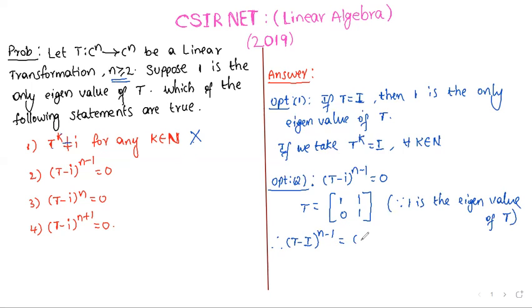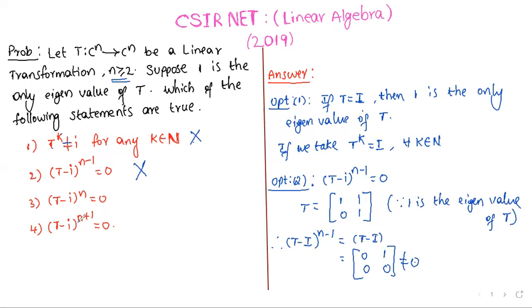Then n minus 1 is 1, so (T minus I)^(n minus 1) is nothing but T minus I. We subtract 1 from the diagonal, which gives [0, 1; 0, 0]. This is a non-zero matrix, but the option says it equals 0. So option 2 is also wrong.